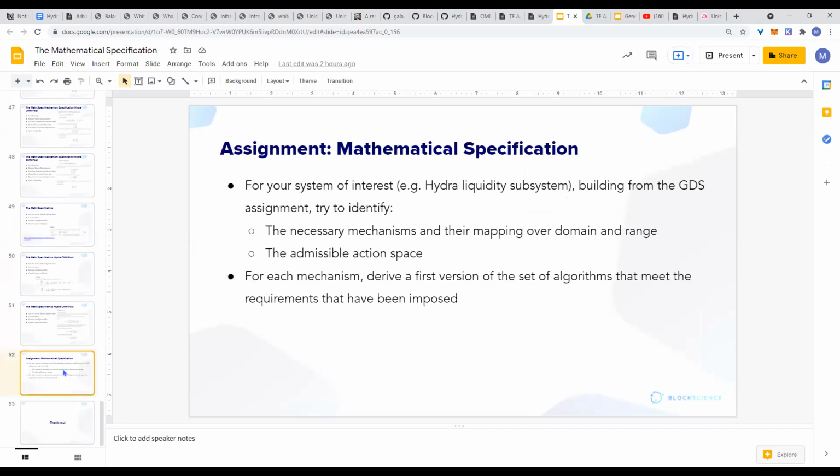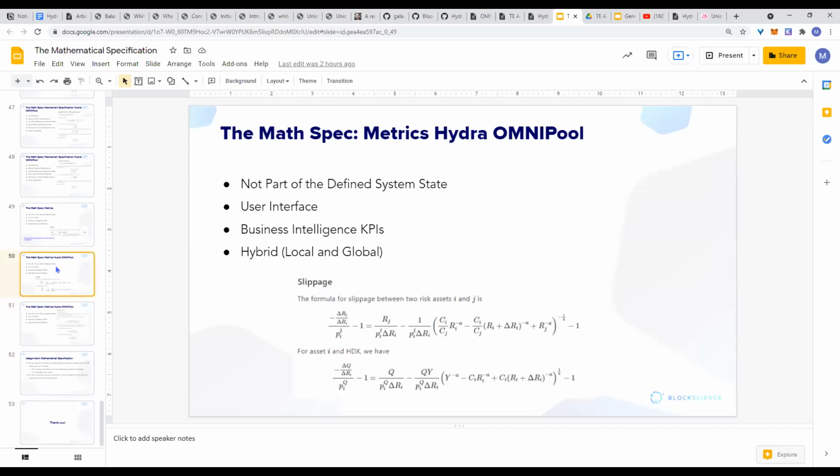Can I just ask here? So slippage and impermanent loss are not dynamic parameters that are influencing agent decisions in the model. In the model as written right now, no, because we were designing the mechanism versus doing really agent-based modeling. Good to ask the question because it's going to drive home that point.